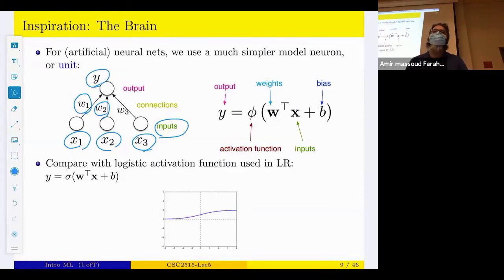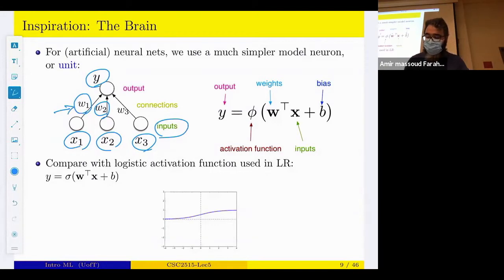The weightings in real neurons depend on the synapses, the connection between dendrites and axons, and how much the activation of one axon excites or inhibits the other dendrites. But we model it with just some weights at these connections, real valued weights.